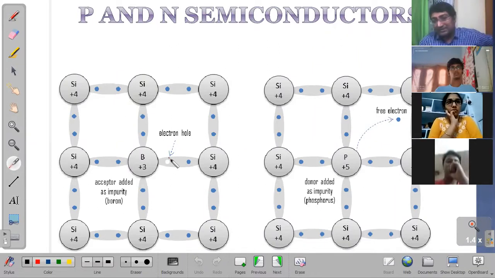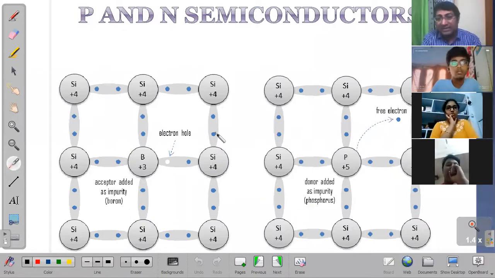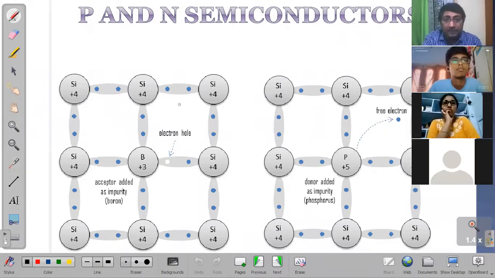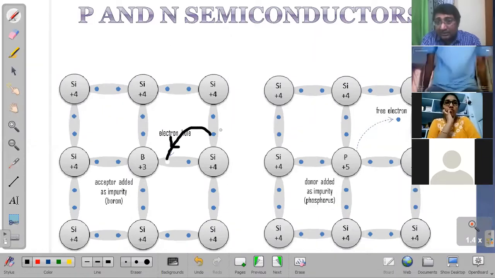So what happens is, guys, when you supply electric current, imagine because of that energy, let's say this particular silicon electron, whatever the electron you're seeing, it will jump over here. From this location, there's a good chance because of the energy supplied, it might jump over here. So when it jumps, a new hole will be formed at this location.